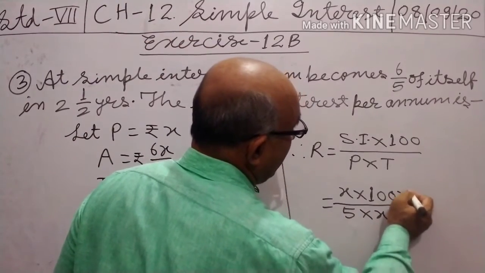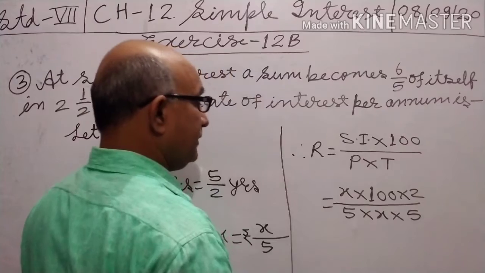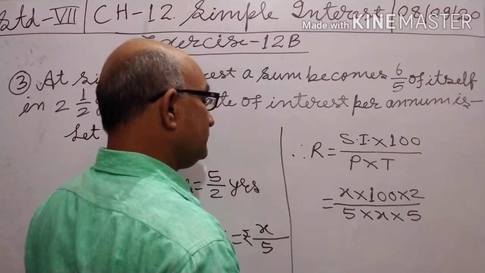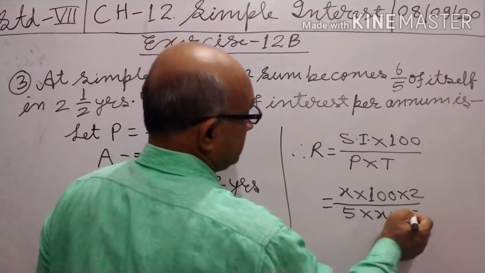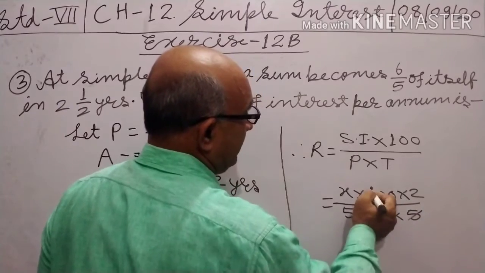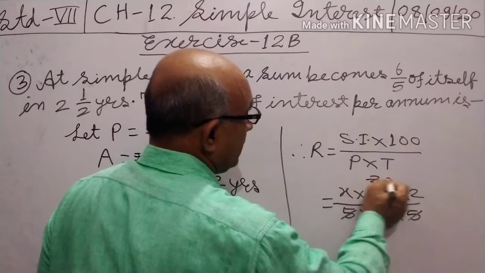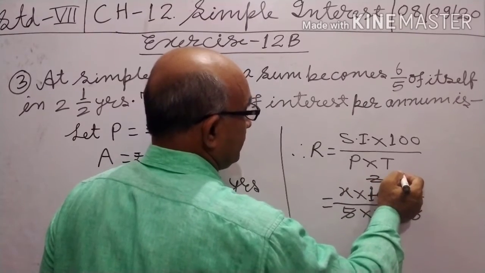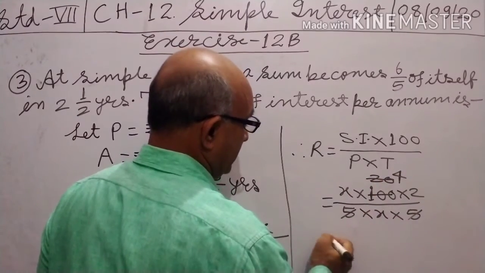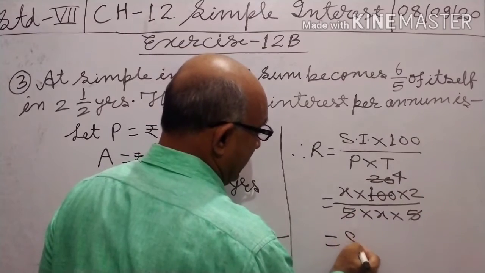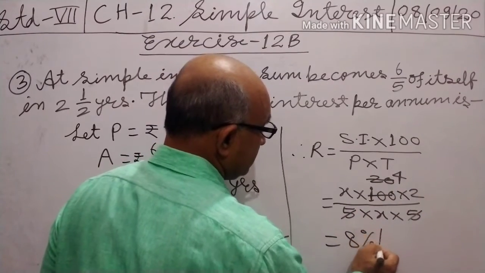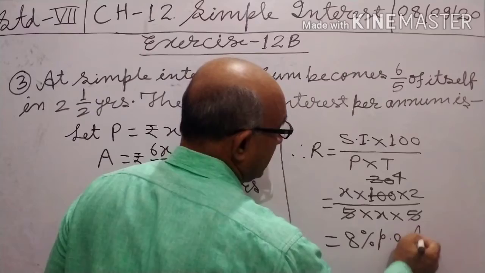So into 5 and 2 multiply by numerator. Now cancel it. 5 times 25 the 100, and 5 4 the 20 equal to 8% per annum, answer.